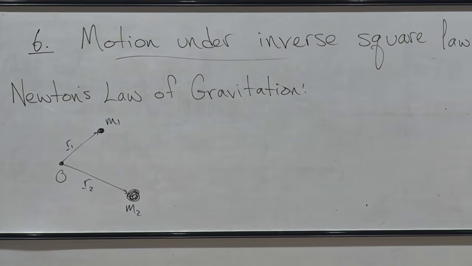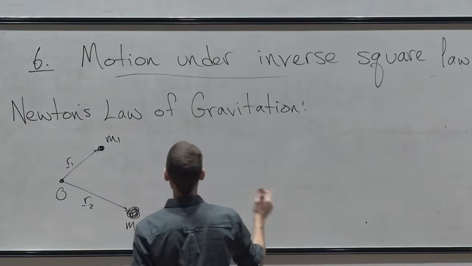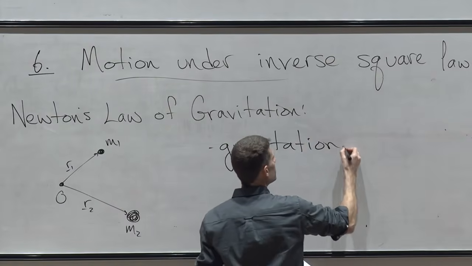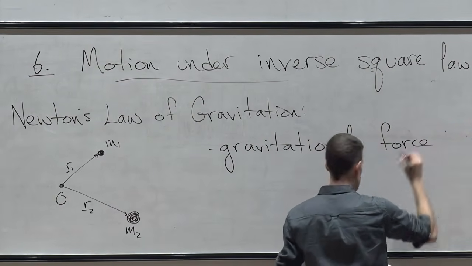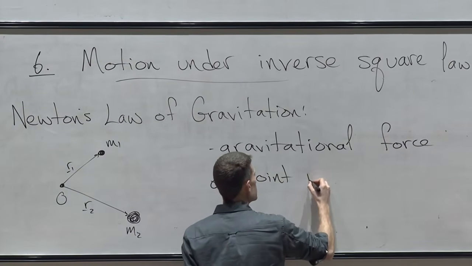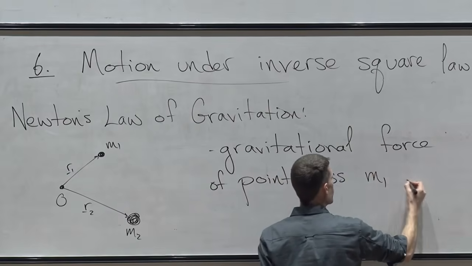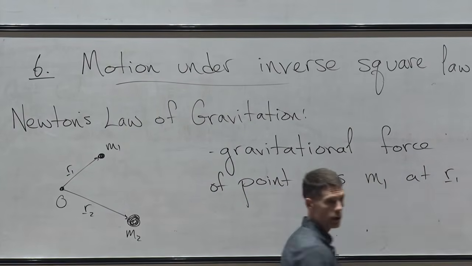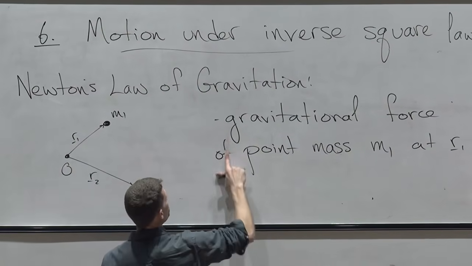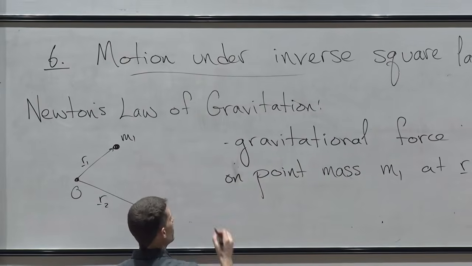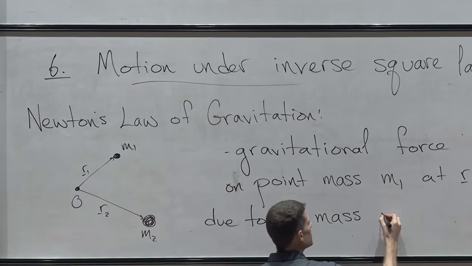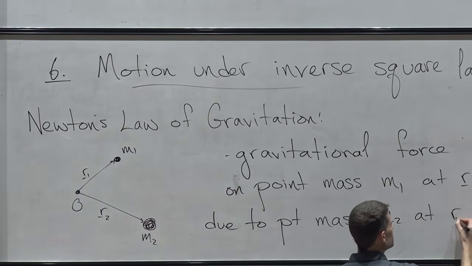The law of gravitation says that the gravitational force on point mass m1 located at position vector r1 due to point mass m2 at r2.